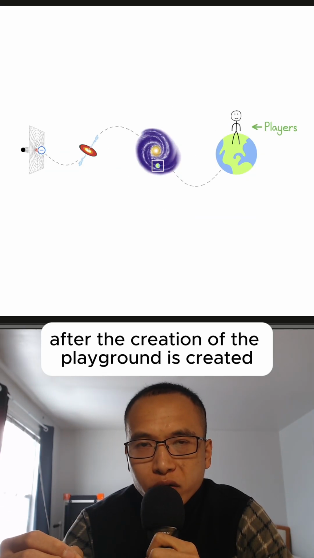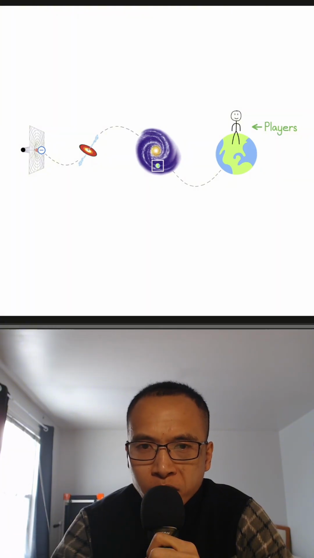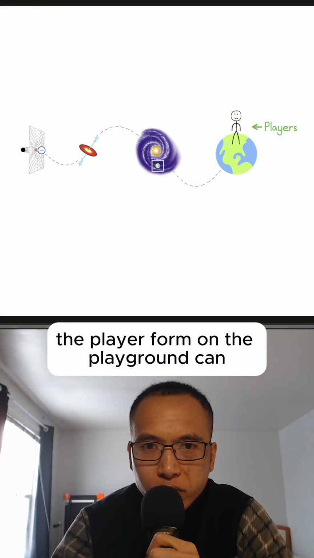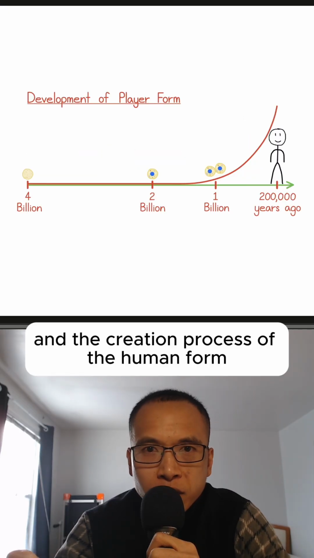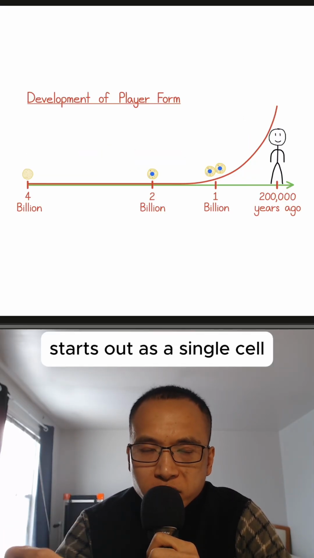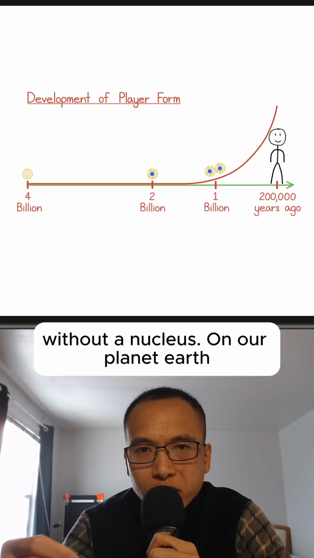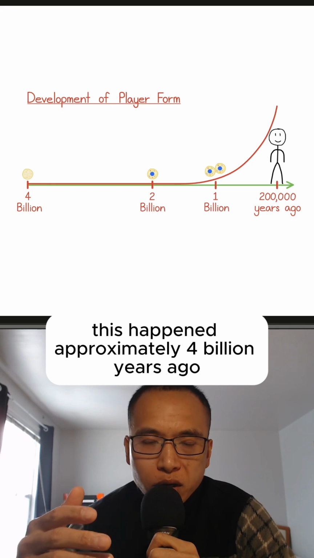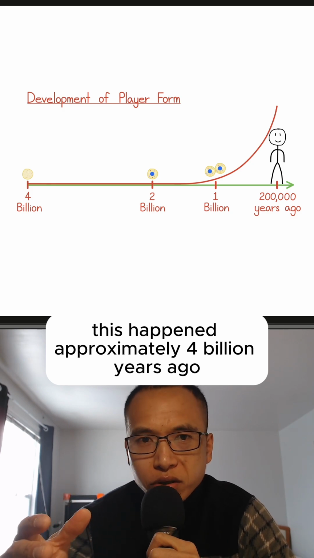After the playground is created, the player form on the playground can now begin. And the creation process of the human form starts out as a single cell without a nucleus. On our planet Earth, this happened approximately 4 billion years ago.